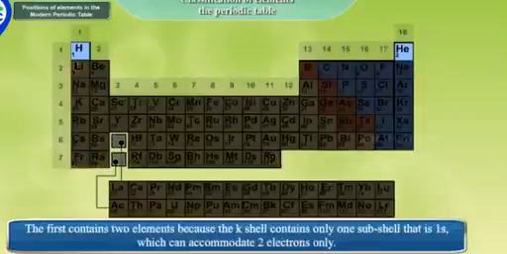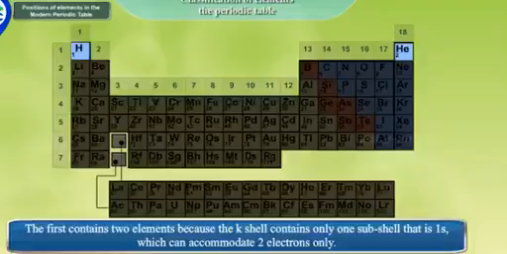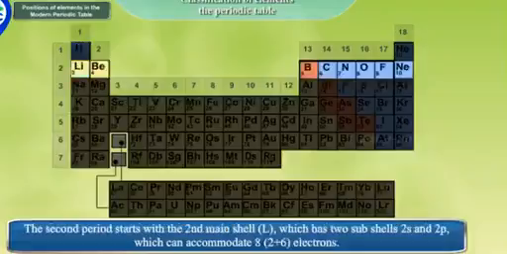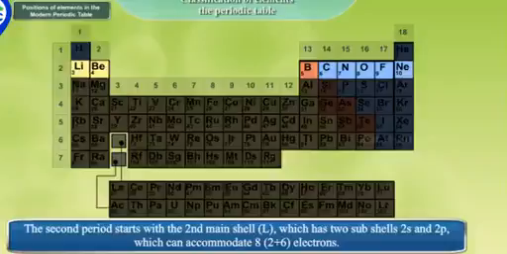The first period contains two elements because the K shell contains only one subshell, that is 1s, which can accommodate 2 electrons only. The second period starts with the second main shell, L, which has 2 subshells, 2s and 2p, which can accommodate 8, that is 2 plus 6 electrons.